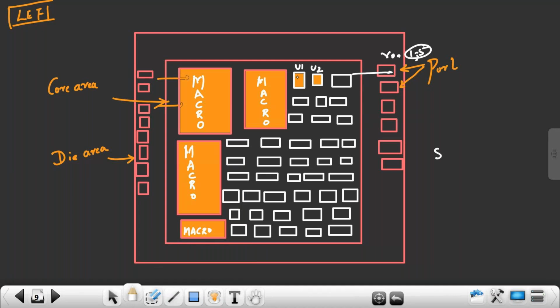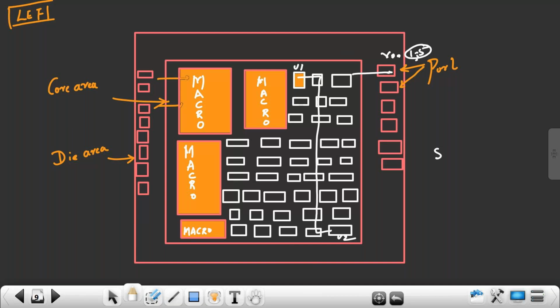Both should be near to each other because they are having what? Connections. I cannot place very far like this, right? This is U1 and this cannot be U2. If that is the case, I should connect from here to here. That is not possible. That becomes very difficult. You will face congestion. You will see routing issues. Many issues you will feel. It's not so simple as I tell.